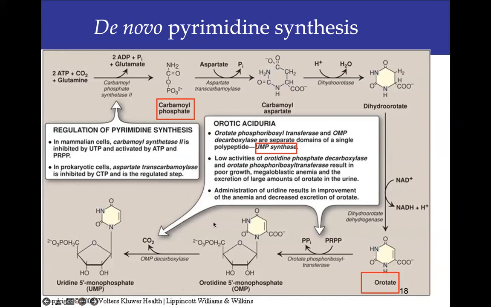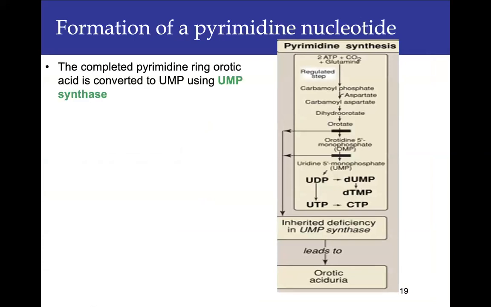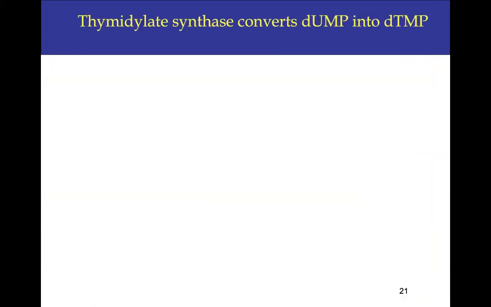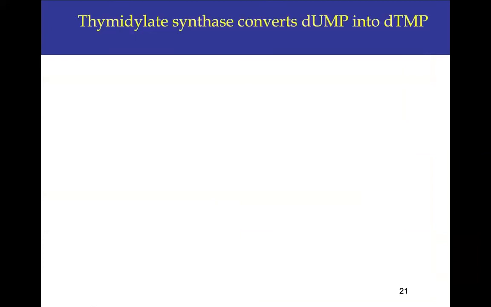So there won't be a need for the UMP synthase enzyme. So it's relatively treatable with uridine. Uridine treatment is very effective because the uridine directly is converted into UMP by the kinases, and that will allow production of CTP and TMP. And then everything else continues as normal.